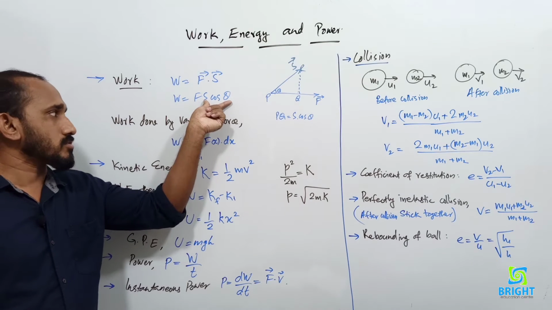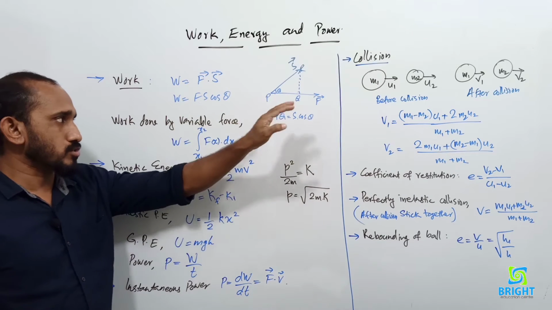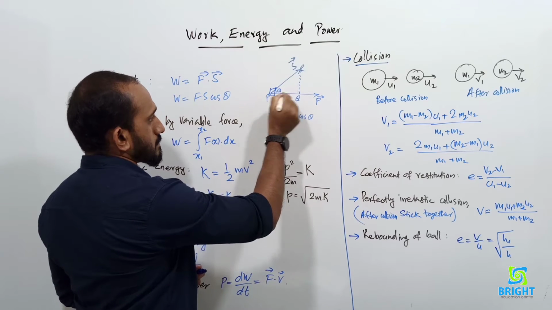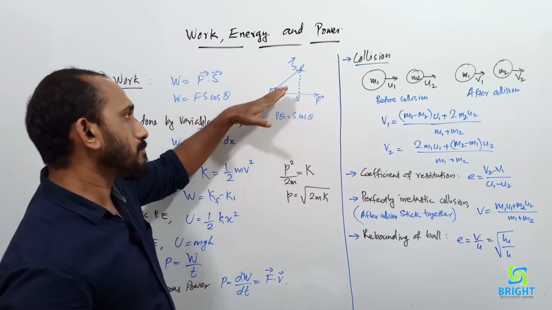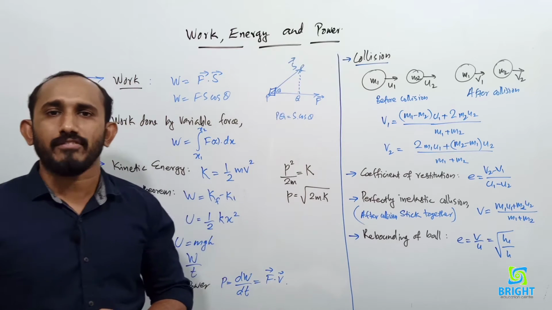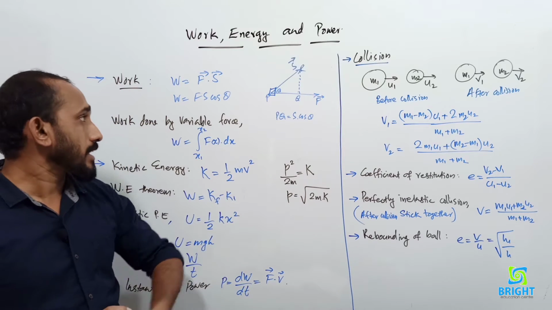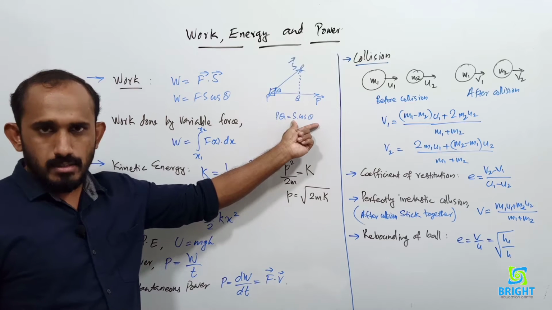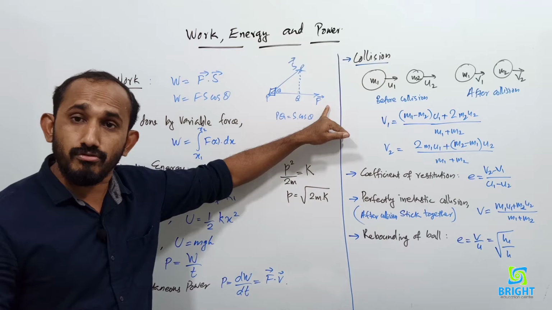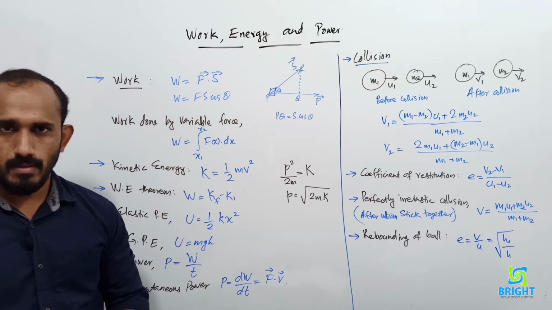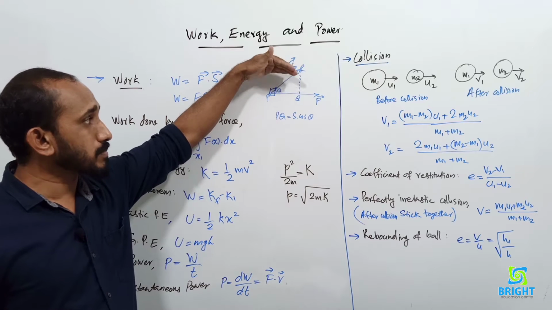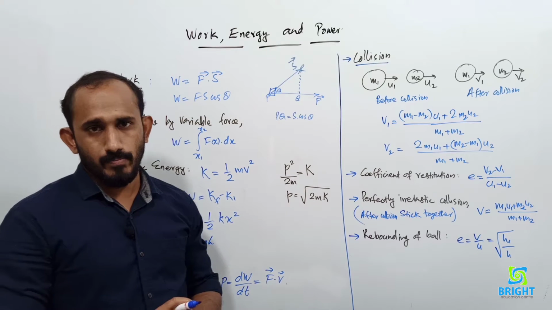What is the meaning of this cos theta component? We can analyze it this way. Suppose a body is here and a force F is acting, and the body is displaced along this way, making an angle theta with the direction of F. Then S cos theta is the projection of the displacement vector along the direction of force.